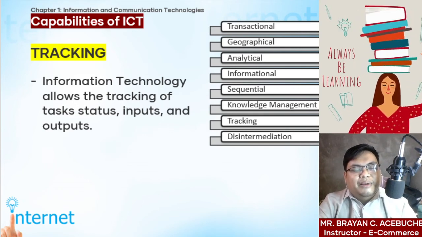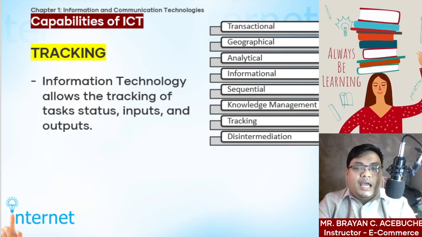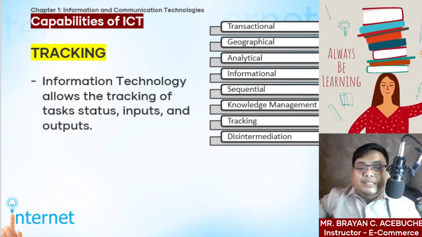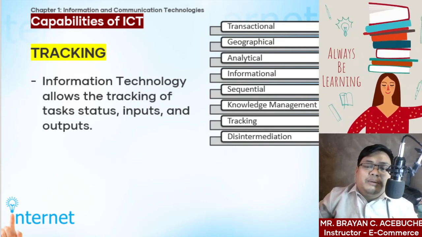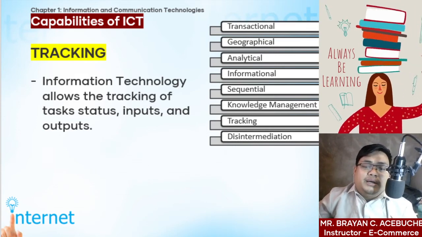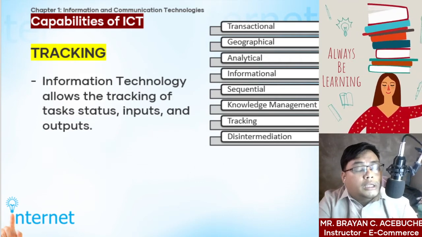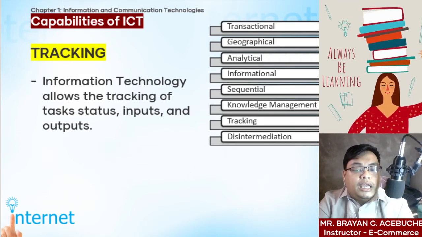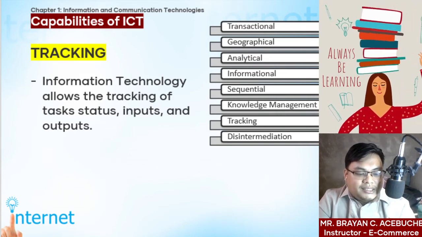Kasi medyo mahina pa dati until ngayon sa setup sa Philippines. So with the ICT ay mas napapabilis natin yung pag-monitor, yung pag-track ng mga activities, the status of the recent projects, the inputs and outputs ng mabilis. Okay?